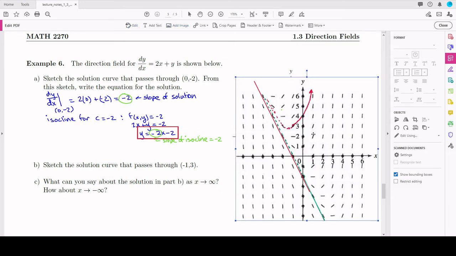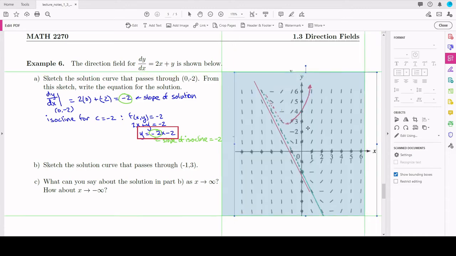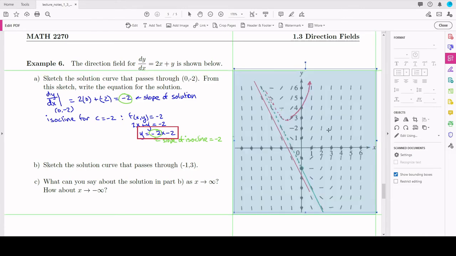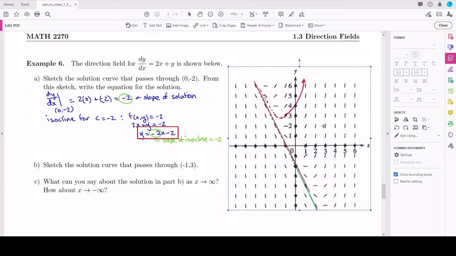So what you get here, let me see if I can kind of match it up.